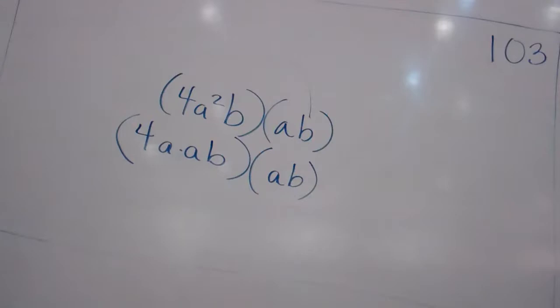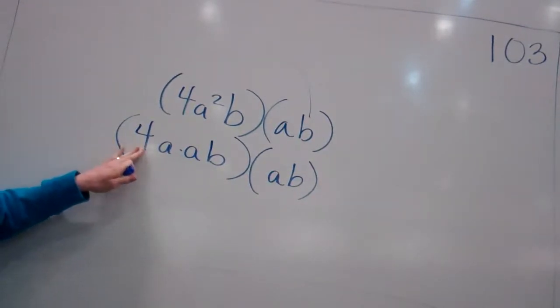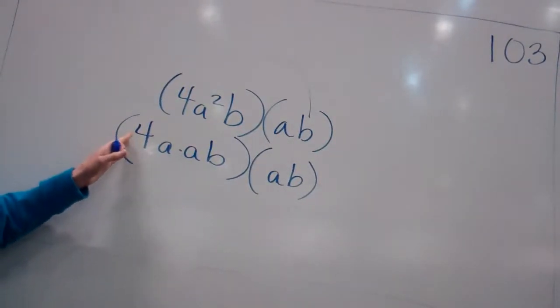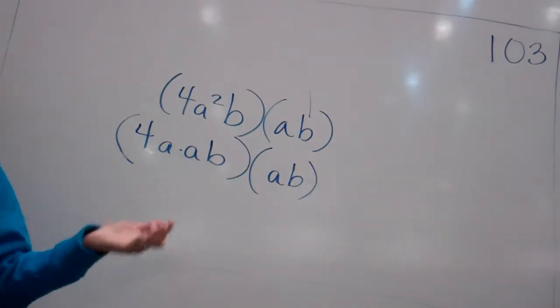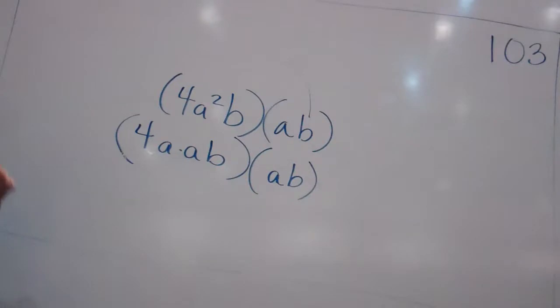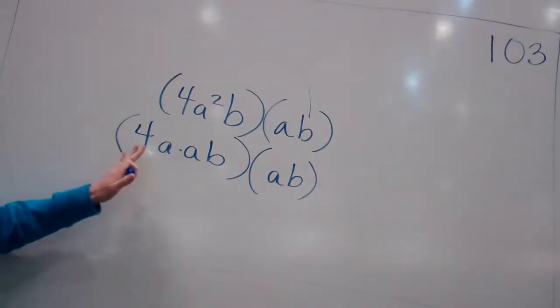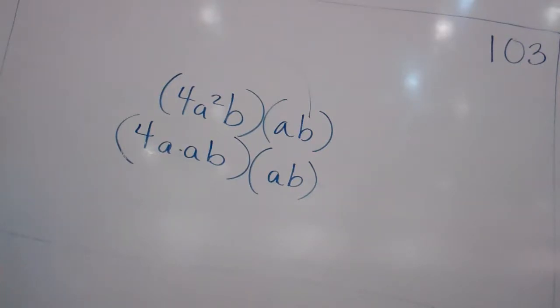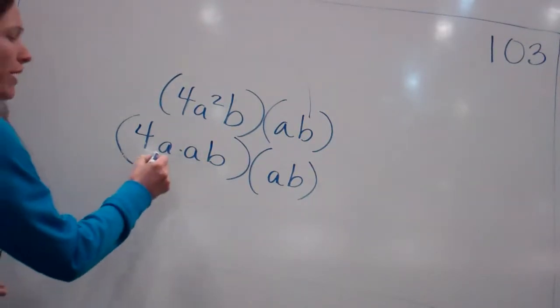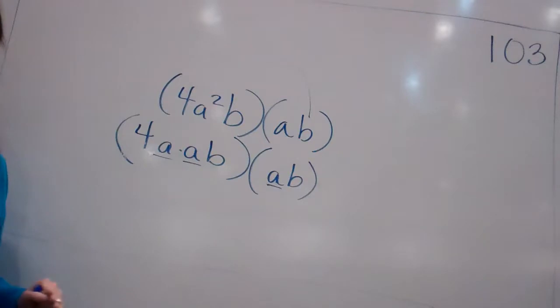Okay? Now, we would normally break down the 4 into prime factors, which would be 2 times 2. But there's really no need to right now. So if you're multiplying, you actually don't have to break down the number, but when we're dividing, we do. So just stay with me. So how many A's do I have?